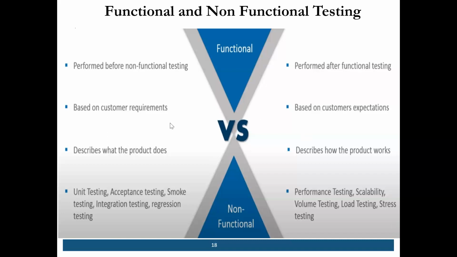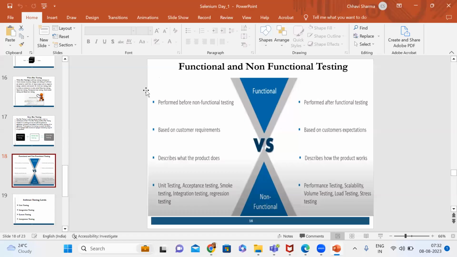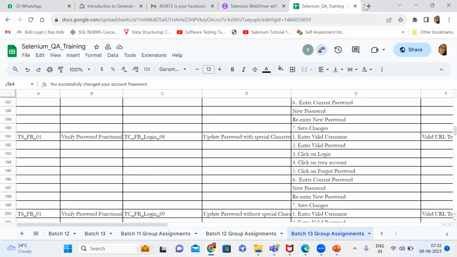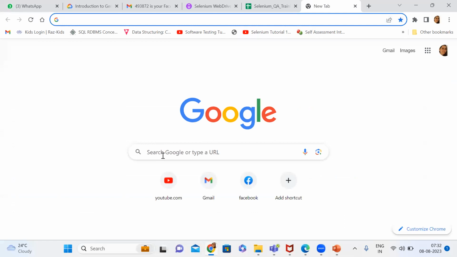Good question, yes Lalita. Does accessibility testing come under functional or non-functional? Okay, we'll just check it. I'm not sure. Security comes under non-functional, but accessibility we can check.